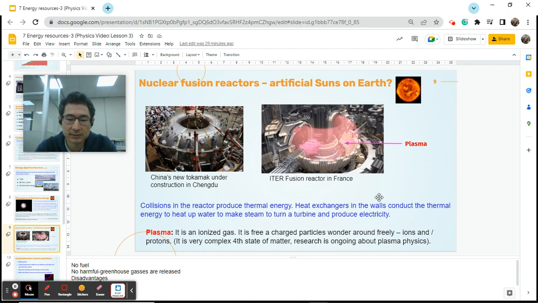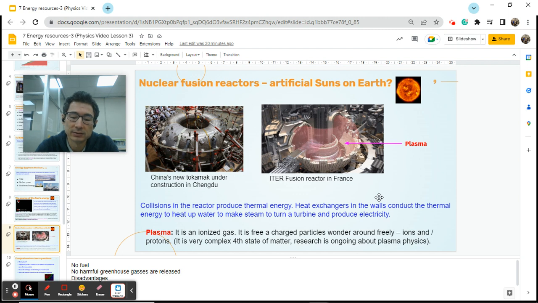Well, plasma is a very complex state of matter. Research is still going on, and there are plasma researchers, plasma physicists. It's still very complex, but the basic idea is this.